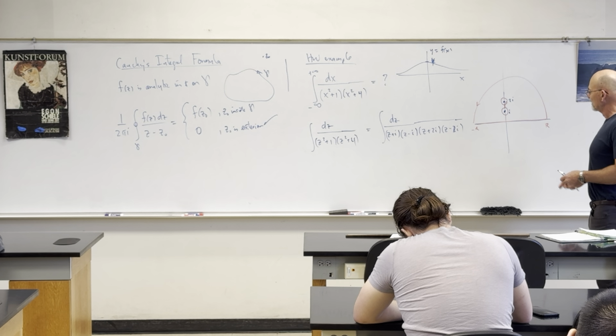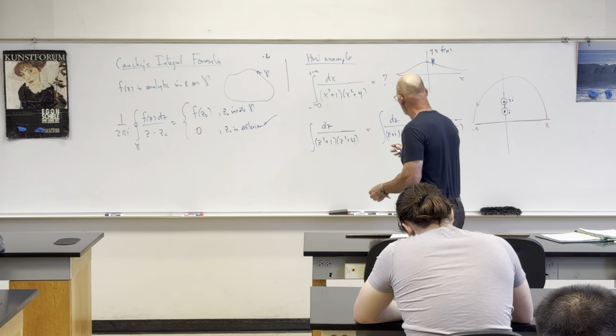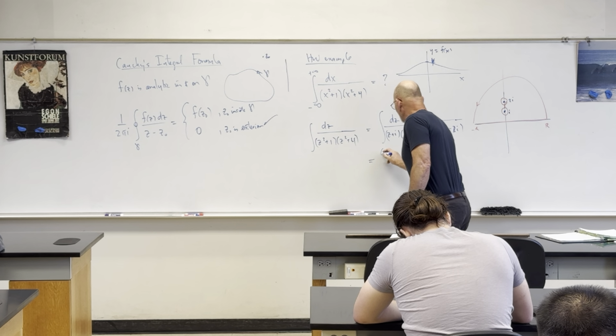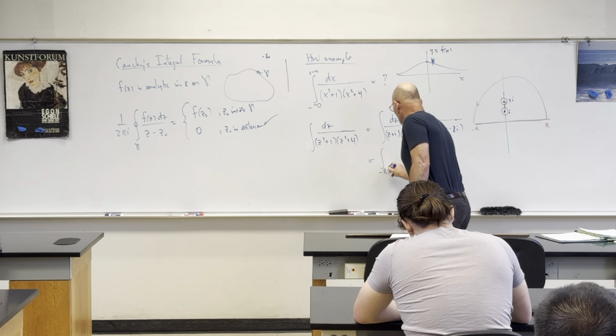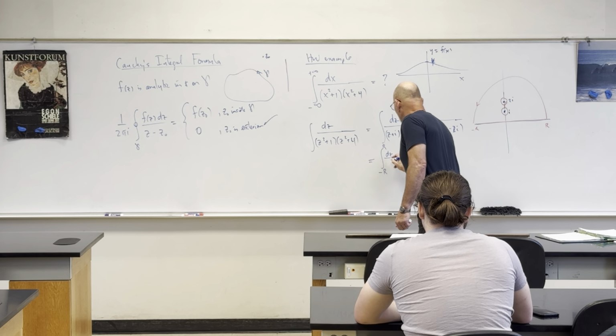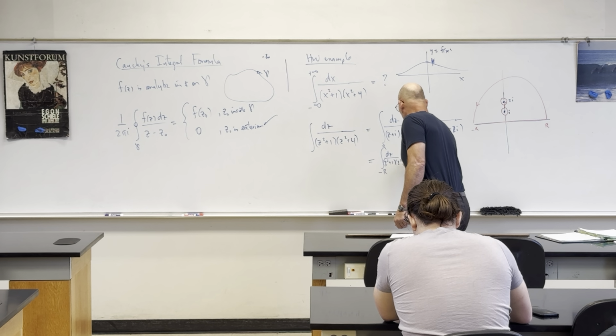Okay. So this integral here, it would be the one we want, R to R, the real one, dz over (z squared plus 1)(z squared plus 4).